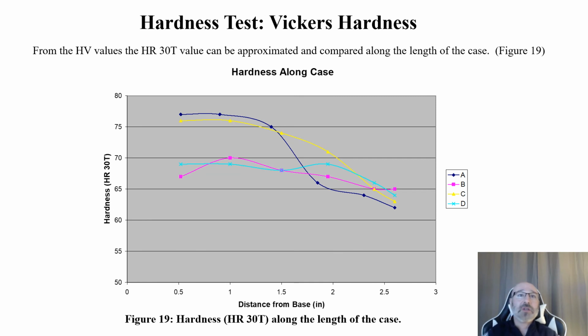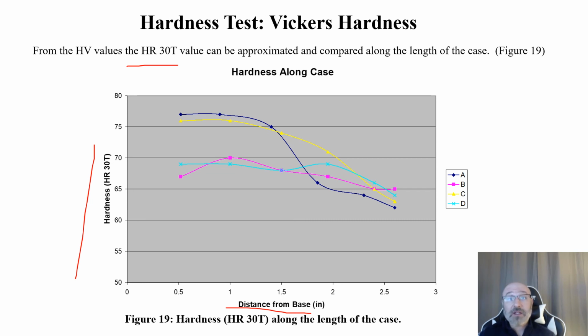So what we want to do is take a look and compare these right now. If we're looking at our Vickers hardness, we can use our HR values, which can be approximated from a couple of different charts, if they wanted to look at those rather than Vickers. We can plot our hardness versus our distance from the base. This is what our client wanted to know: do the material properties change as we go from the base to the necking, as it goes from thicker to thinner walls?